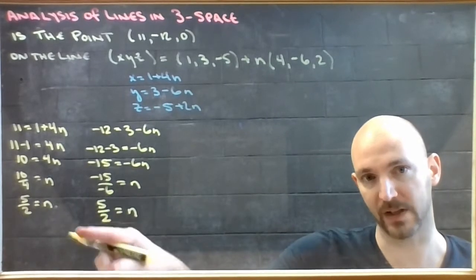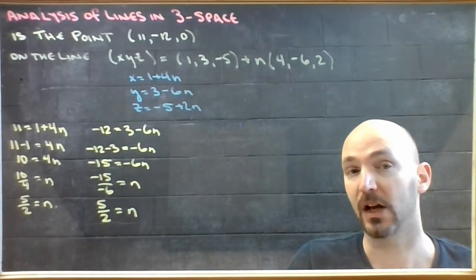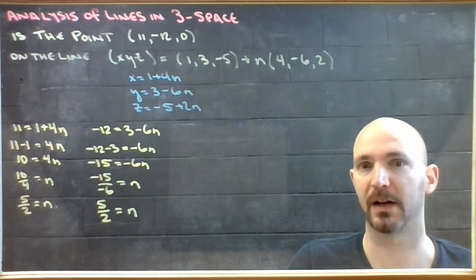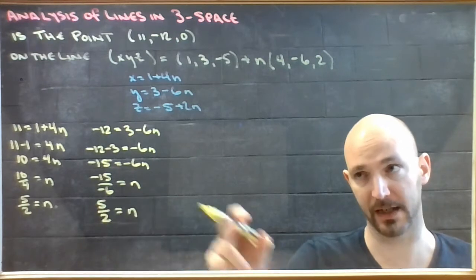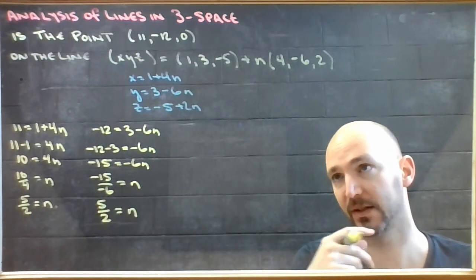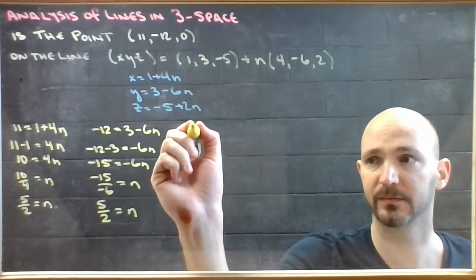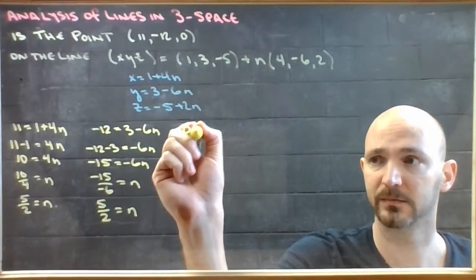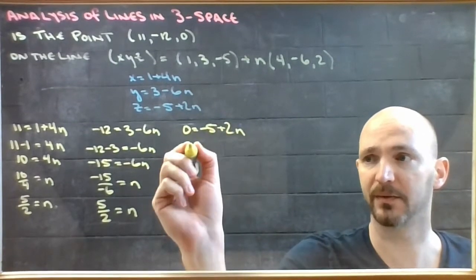I have a match on x and a match on y. But that's not enough. I have to make sure it matches on z as well. So even though this is encouraging, I need to check that last coordinate. So z, 0, has to go in for here. So bring the 5 over.